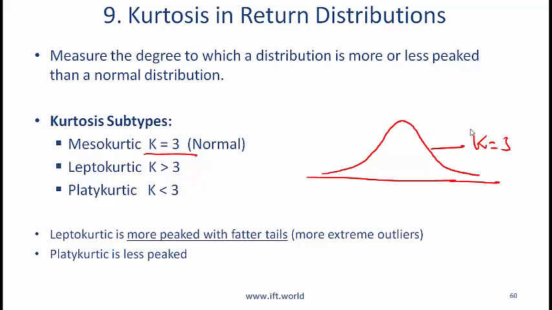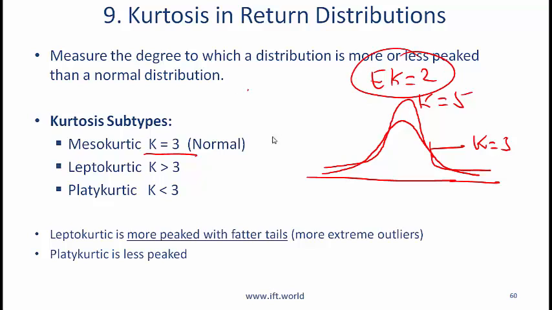If you have a distribution which has fatter tails and is more peaked than normal, such as this one, this has excess kurtosis. Let's say this has kurtosis equal to 5. The excess kurtosis is 5 minus the normal of 3, which is 2.